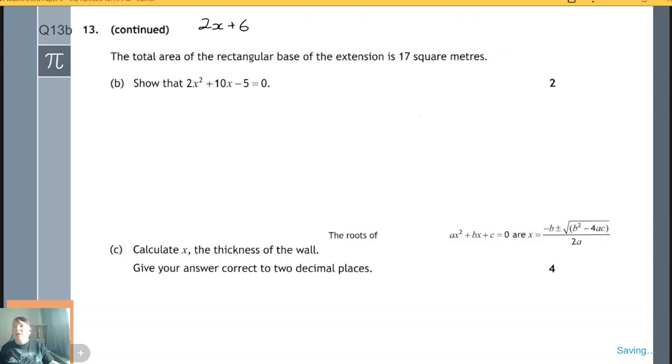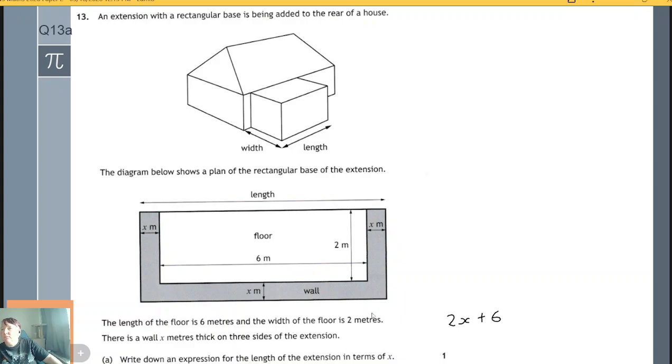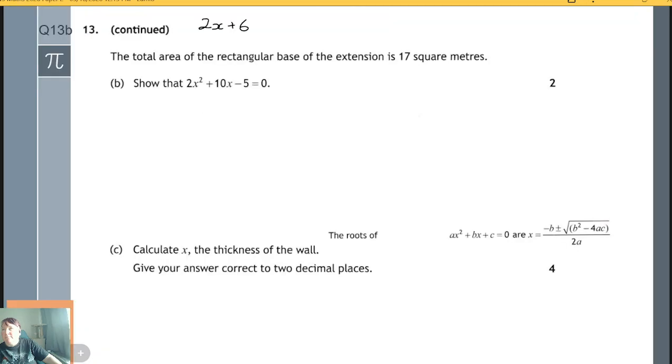Now, they didn't ask us for the other direction, but we're going to need it. So let's have a look back and see what that was. So it is 2 meters and x, so it's an x plus 2.